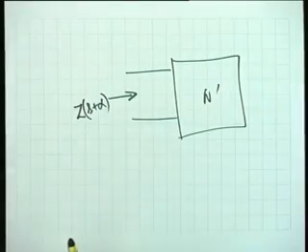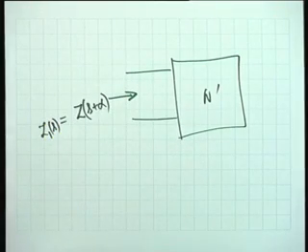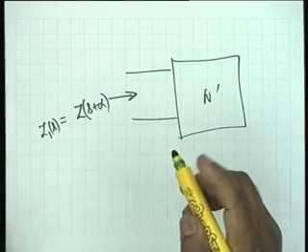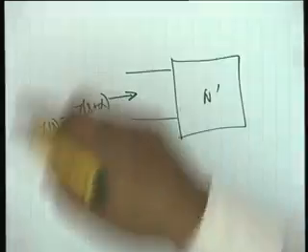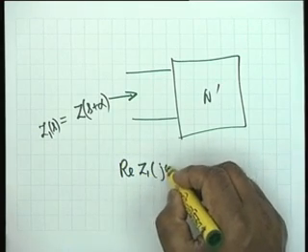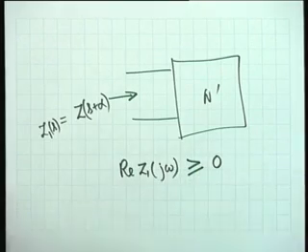That is, from the given network N whose input impedance is Z of S, we want to derive a network whose input impedance is Z of S plus alpha. Let us call this Z1 of S. Then by the same token as was applied to N, we must have the real part of Z1 of j omega greater than or equal to 0.